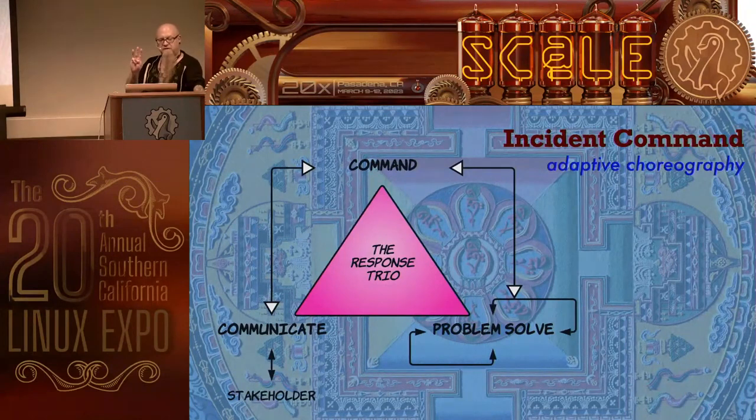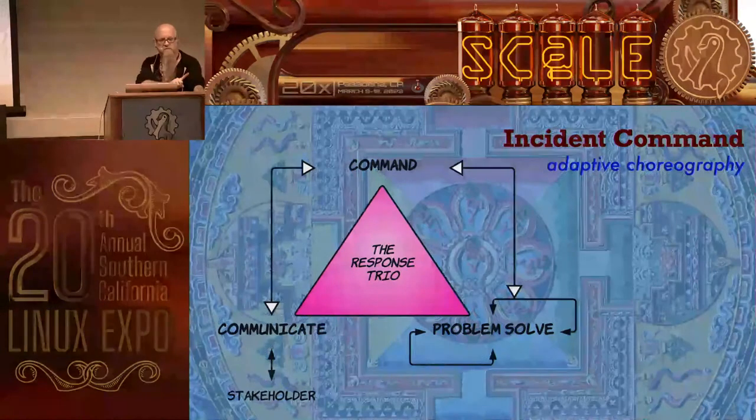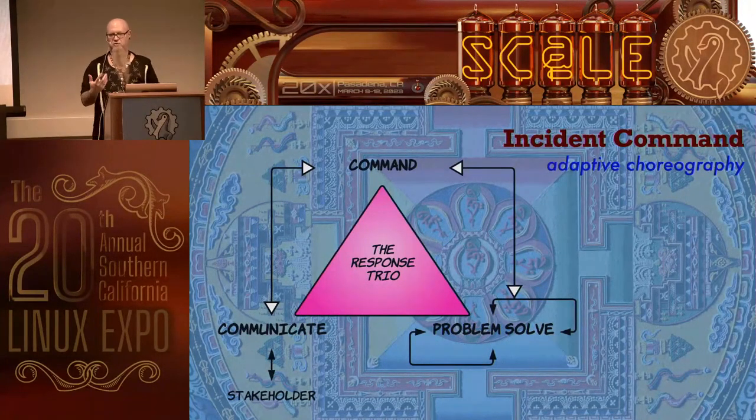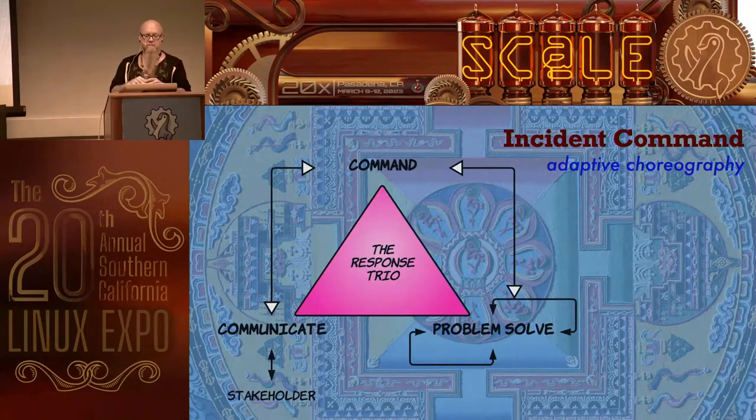That's going to be a commander, a facilitator, there's going to be a problem solver, and there's going to be a communicator, and it may be the same person. So as incidents get more severe, and as you need to break out your team into different people, it's not just one person responding, different people take on these roles.